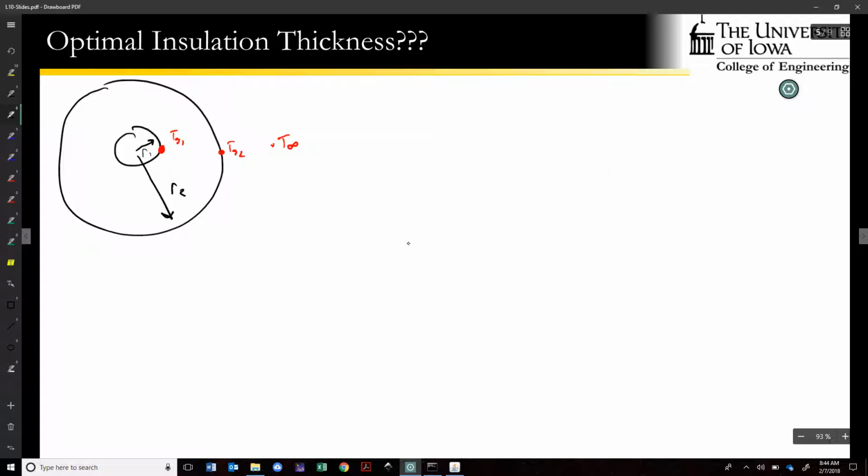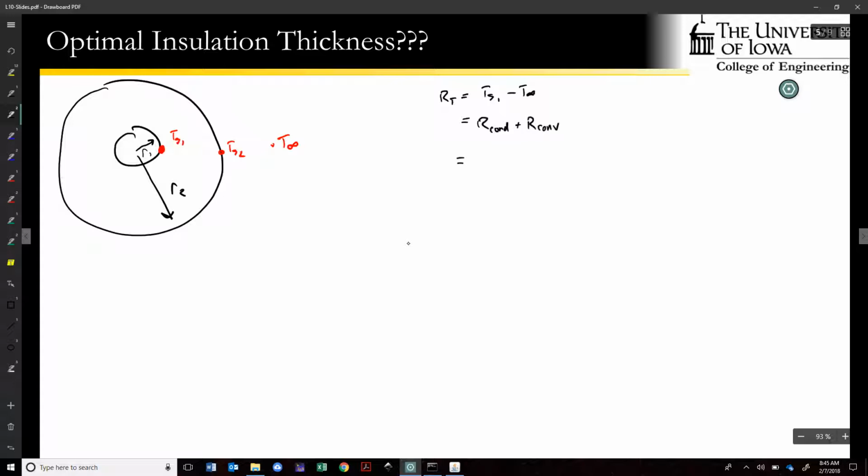So, RT is equal to TS1 minus T infinity, and is equal to R, we'll go ahead and say R of the insulation itself, or R conductive plus R convective.